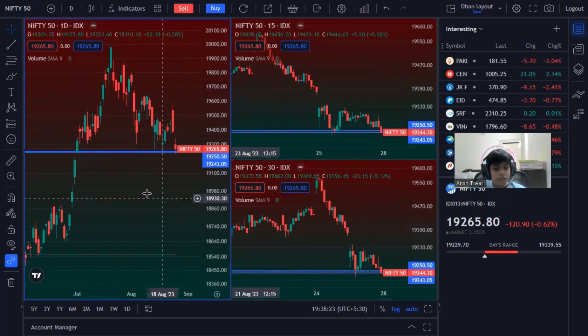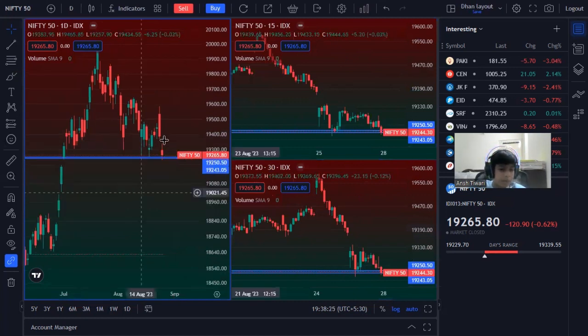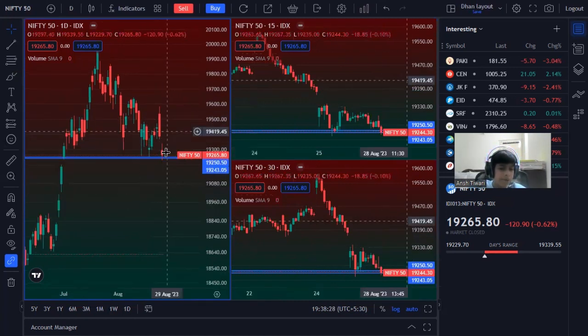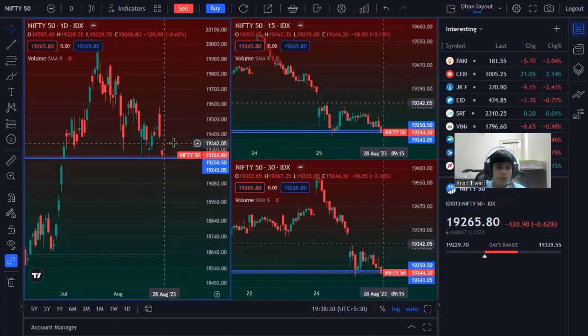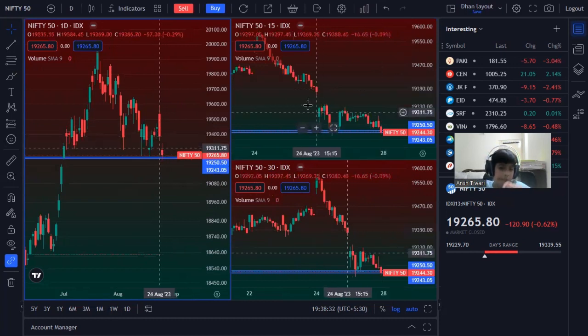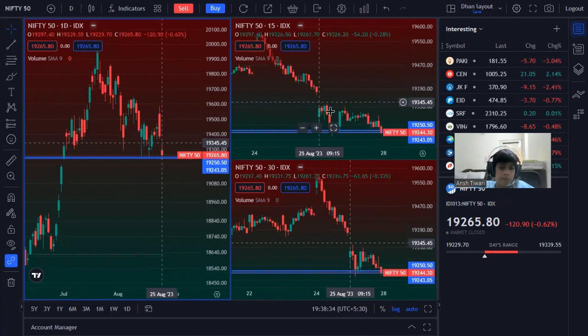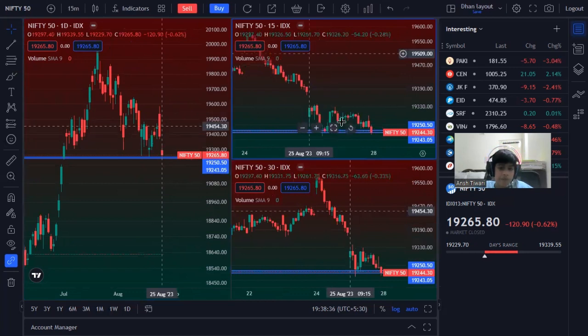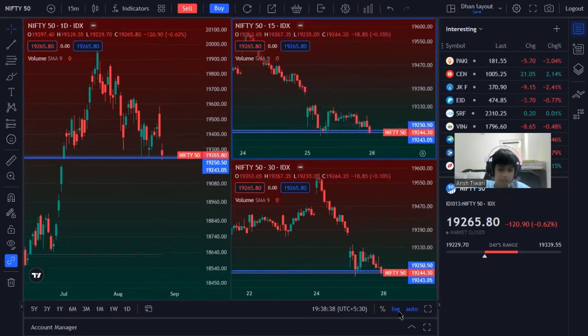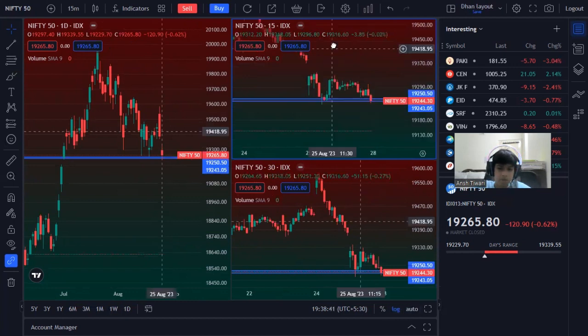All right. So now we can see that here the markets did a gap down. So if we look closely, the markets gave a gap down, but then the bulls somehow managed to take control of the stock again. Let me remove auto.